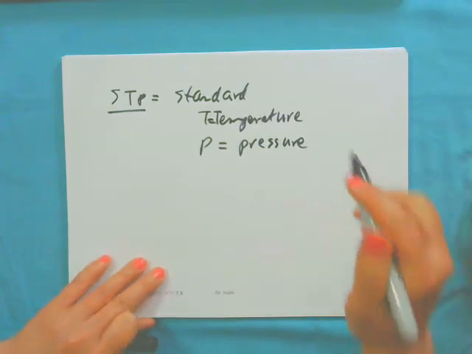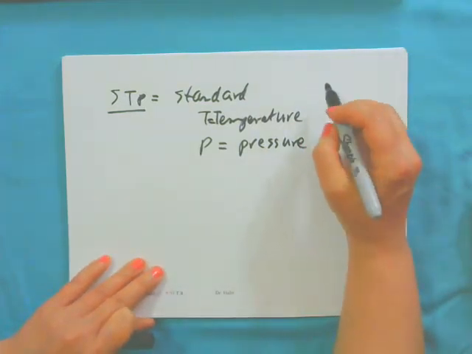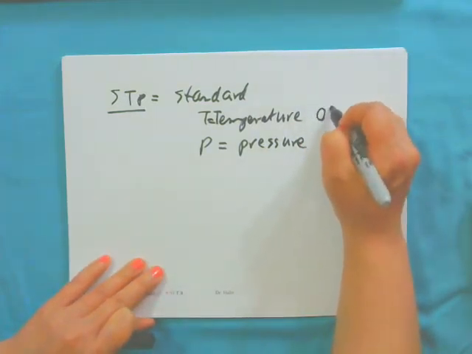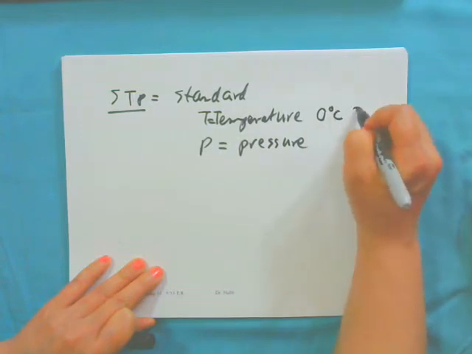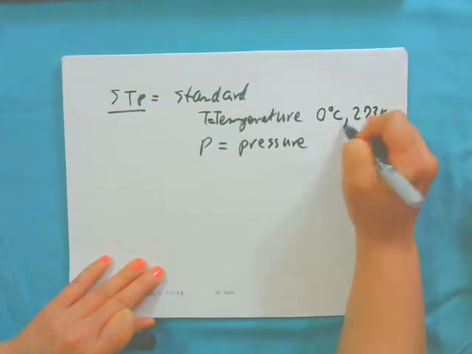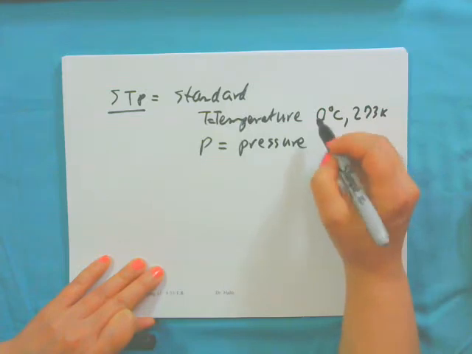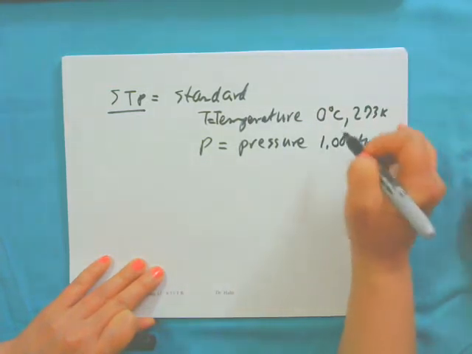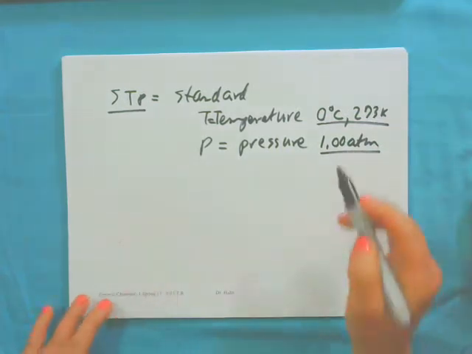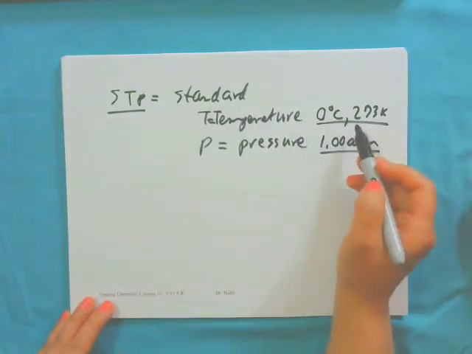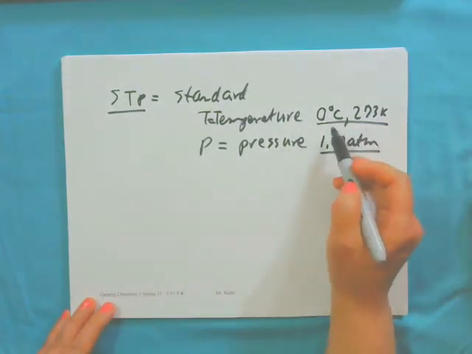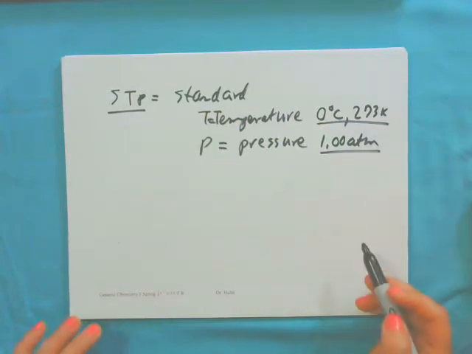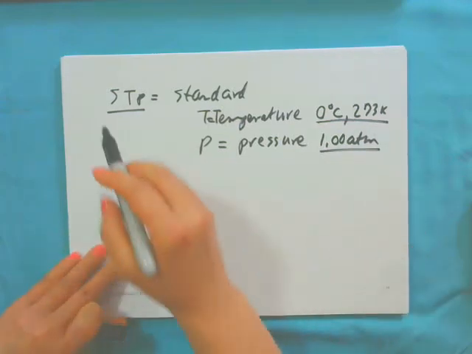Okay, so there we are. Standard temperature is 0 degrees Celsius or 273 Kelvin. Standard pressure is 1.00 atmospheres. Standard temperature is not 25 degrees Celsius. It's 0 degrees Celsius or 273 Kelvin.